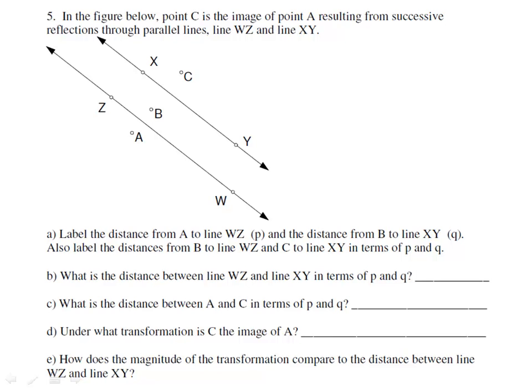In the figure below, point C is the image of point A resulting from successive reflections through parallel lines, line WZ and line XY. So let's make sure we understand what they're saying.